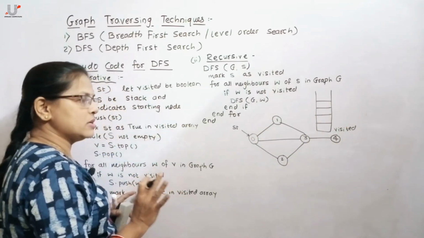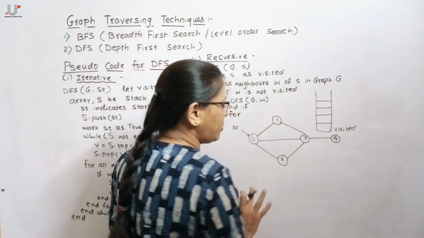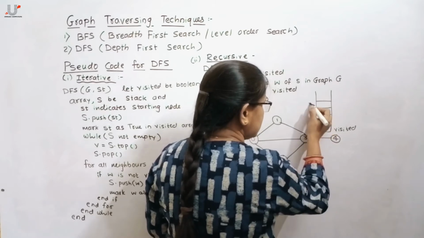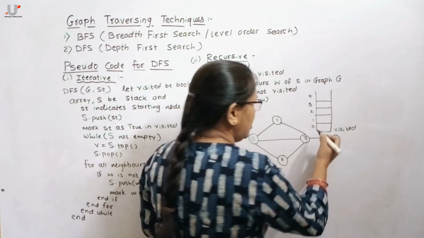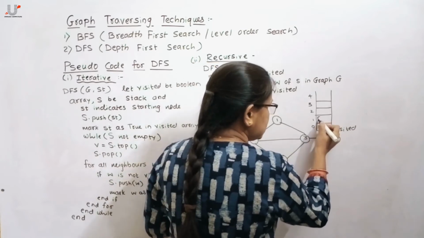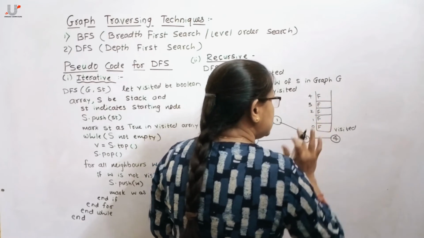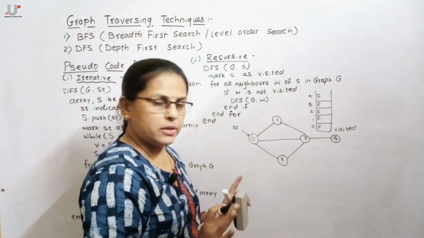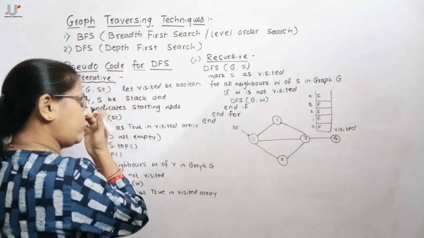The initial status of the visited array: as the graph contains 5 vertices, for all the vertices the visited boolean array initially holds 0 or false. False indicates that no node has been visited yet.